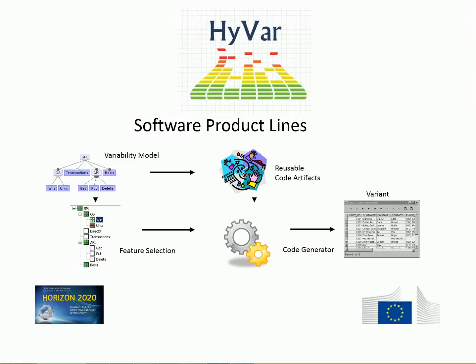Mappings are necessary to define the relations from the variability model to reusable code artifacts. Code generation is based on a variability realization mechanism and takes necessary code artifacts based on the feature selections, that is, configuration and the mappings, and composes them into a variant.